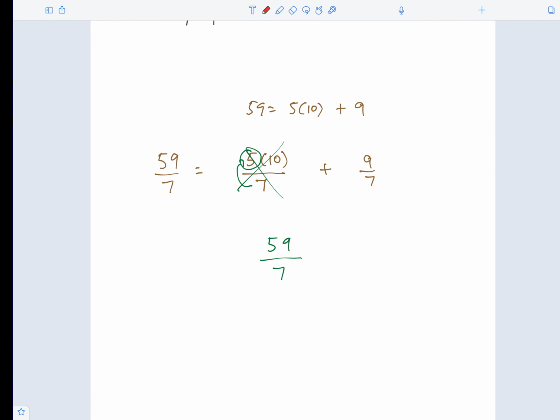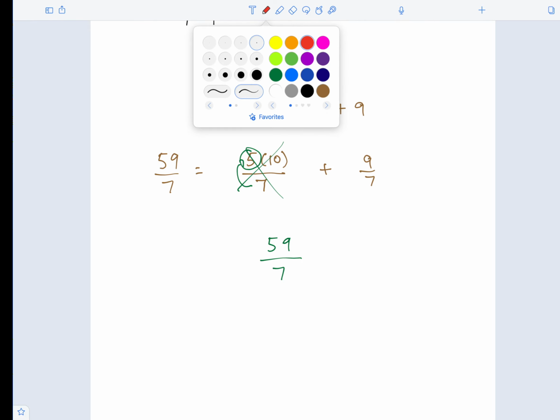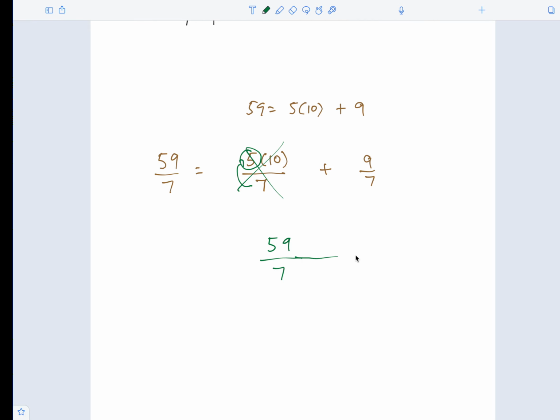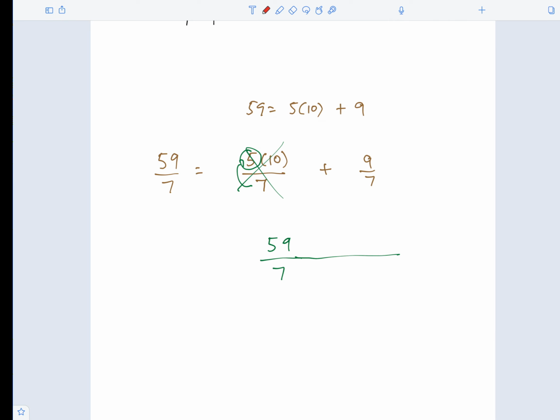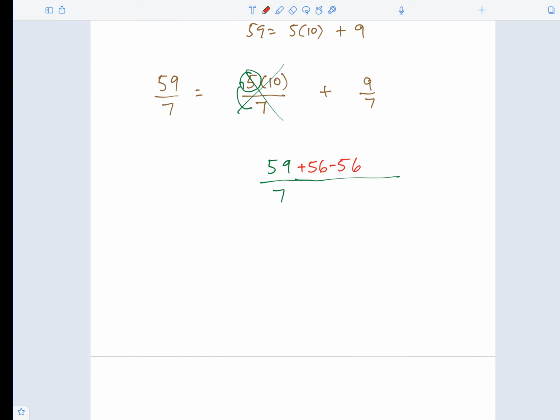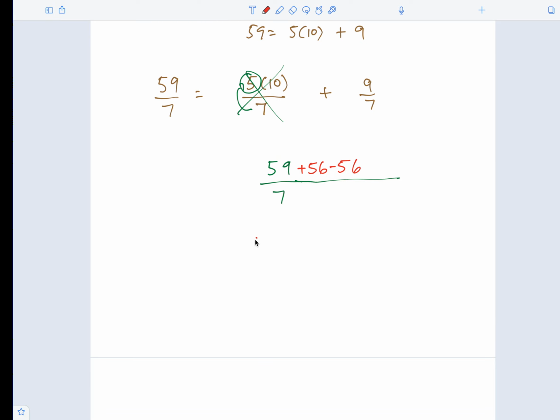So what I'm going to do is rewrite 59, and I want to use 56. So I'm going to add 56 and I'm going to subtract 56. Okay? And so what this does is I can put my 56 here.